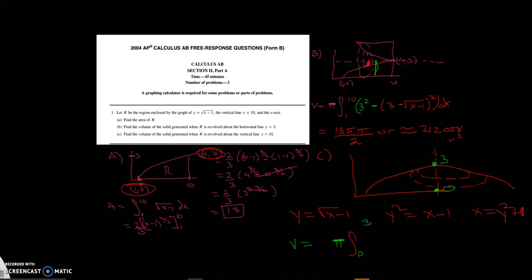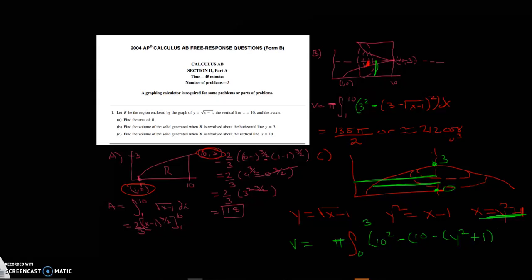The outer is going to be 10 squared, because we don't want the entire area, we want only this little piece, minus this area over here, which is 10 minus this function over here, y squared plus 1, in parentheses squared, dy.